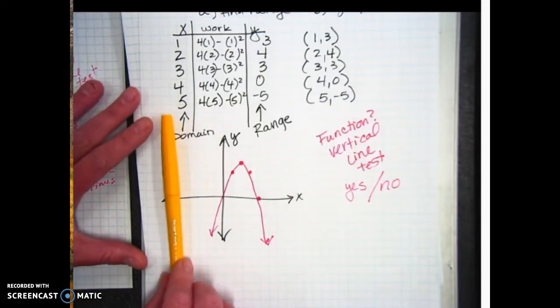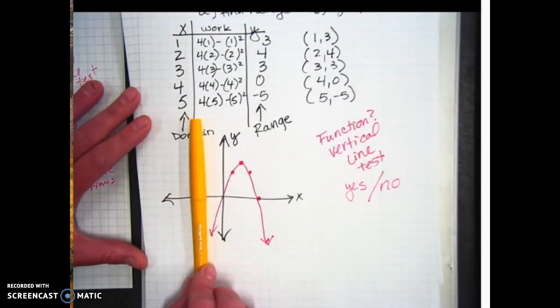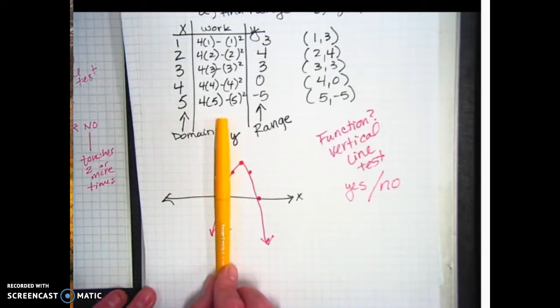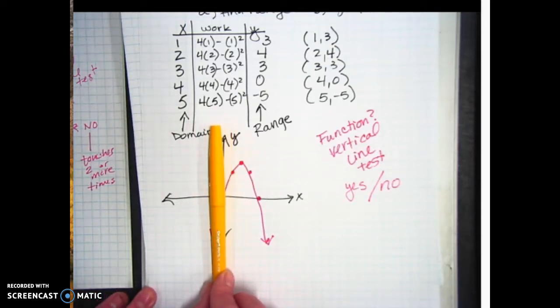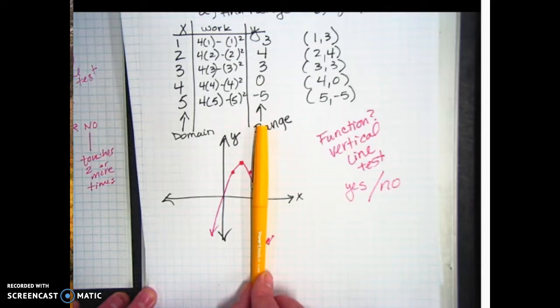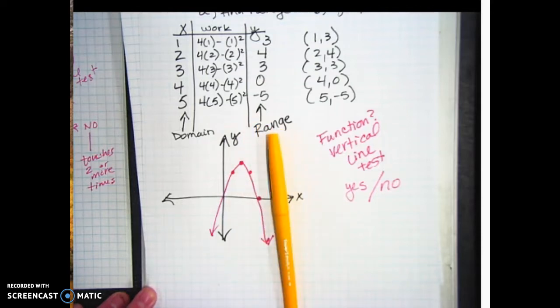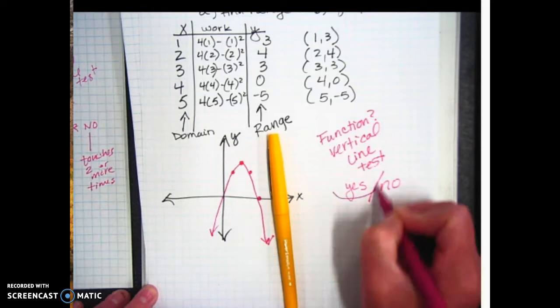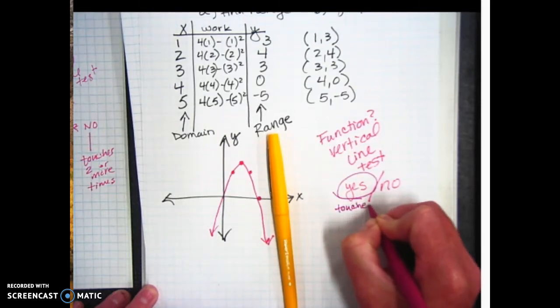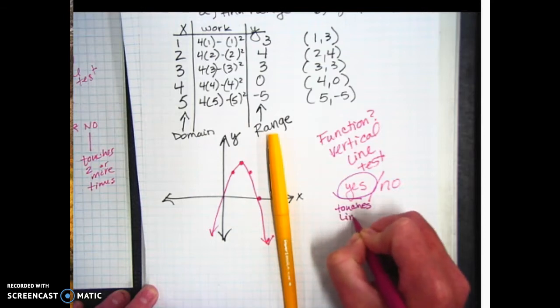Okay? You're going to move it across the paper, and it can only touch 1 point at a time. So right here, how many points is it touching? Just 1. How many is it touching right here? 1. How many is it touching right here? 1. So it's only ever touching 1 time. So we say yes. You always say yes when it only touches the line 1 time.